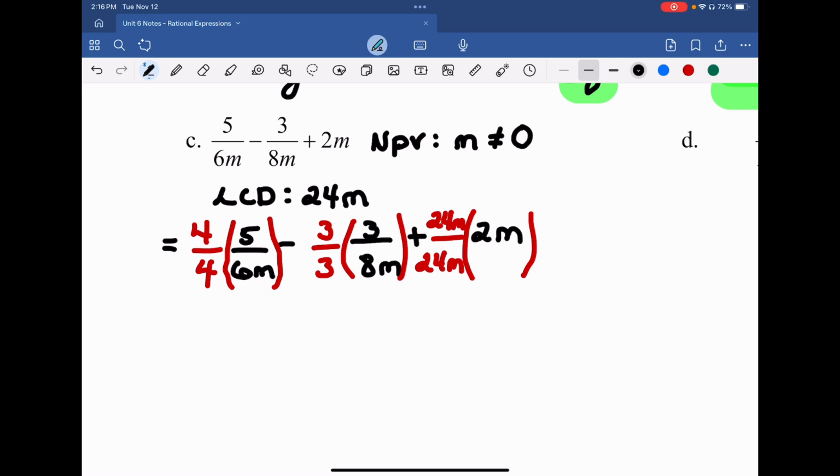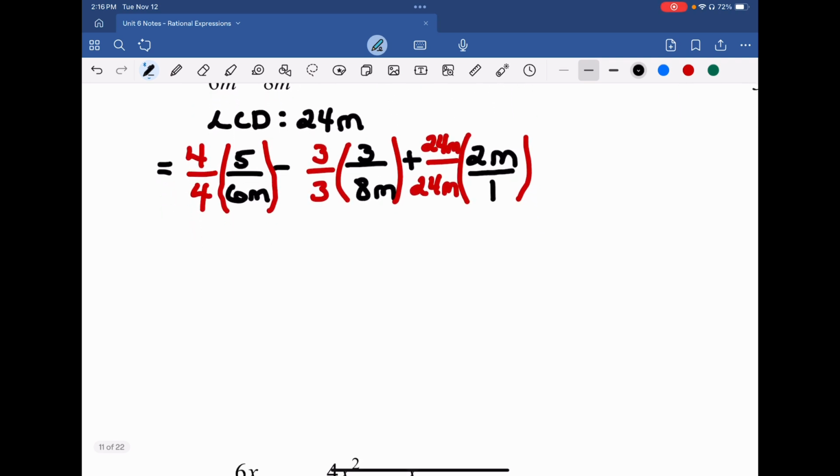Now when we expand this out, here's what it's going to become. If you really wanted to, you could write this over 1, just to show that it does have a denominator that you multiply to. This is going to be equal to 4 times 5 is 20, minus 3 times 3 is 9, plus 24 times 2 is 48m squared, because there was both an m on there.